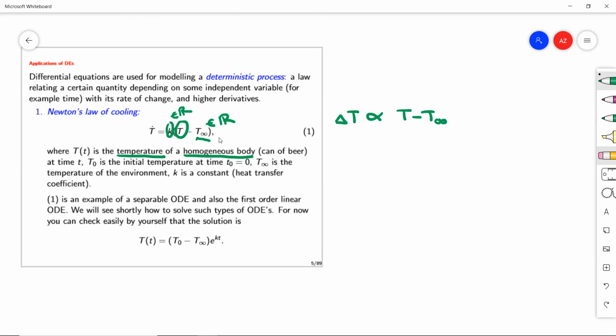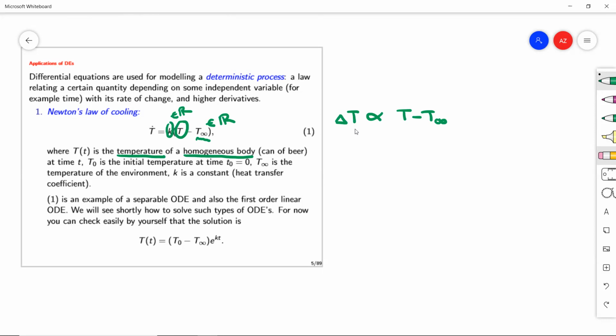And as the temperature of the body becomes closer and closer to the temperature of the environment, the rate of change of the temperature starts to decrease. So the rate of change of the temperature decreases with time. This is Newton's law of cooling.